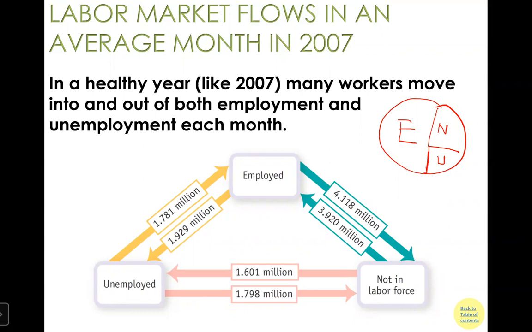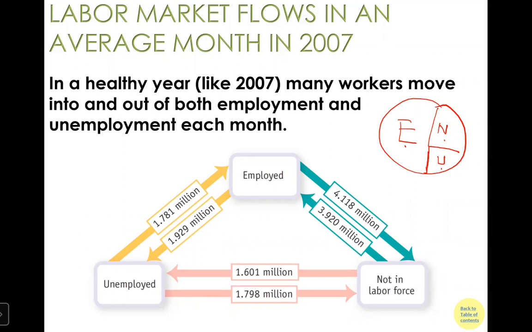You can just think about it as three islands: island E, island N, island U. At any point of time, you can potentially live on one of those three islands. That's the way to think about it.